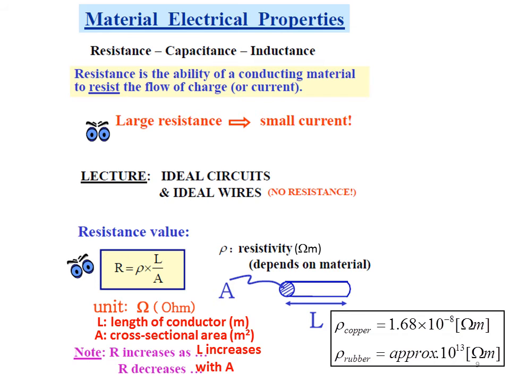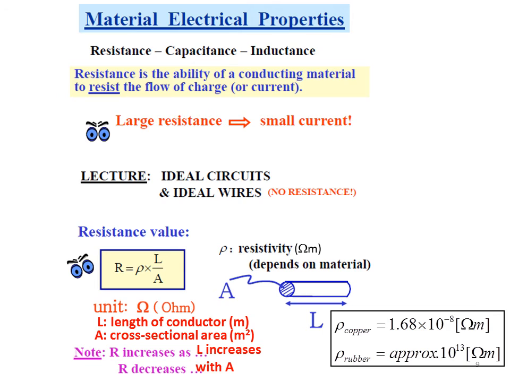The resistance value is given by the formula R equals rho times L divided by A. Rho means resistivity, in units of ohm meter, and this value depends on the material. You can see an example here.